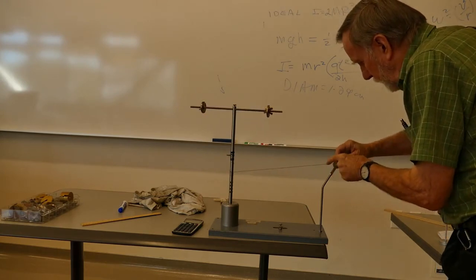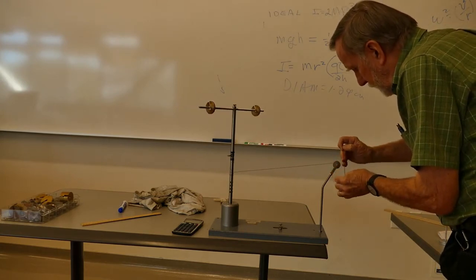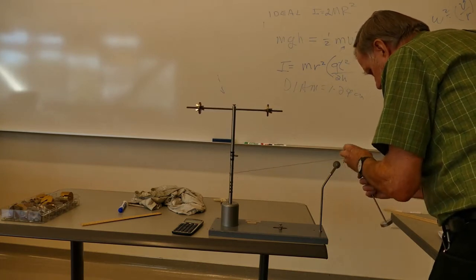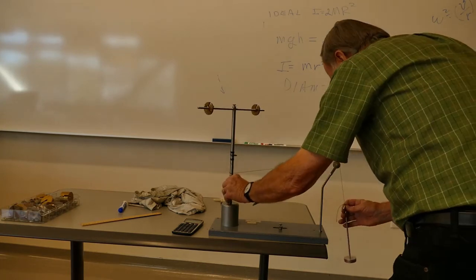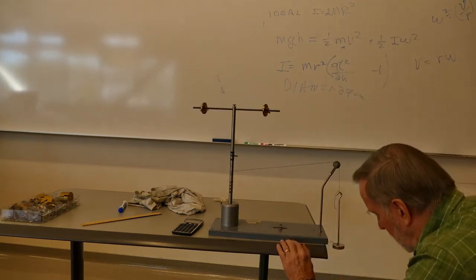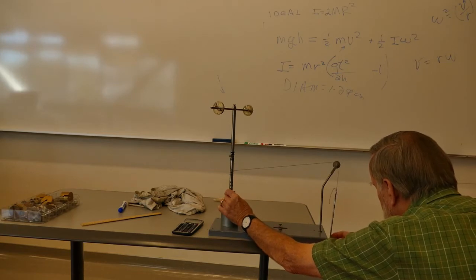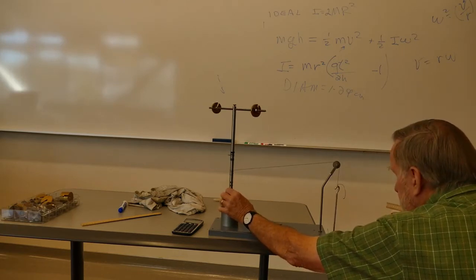Loop, because our string broke for some reason last time. We're not taking into account the weight of the string here either. It's very minimal, but that's a possible source of measurement error.